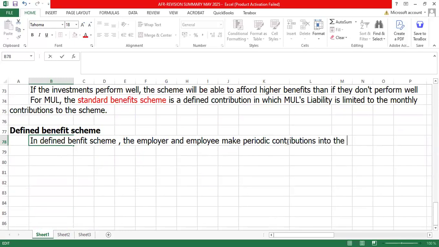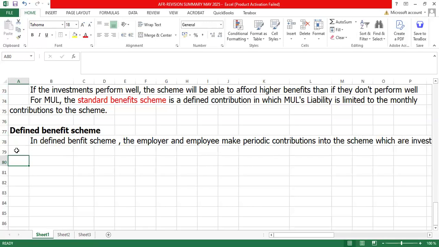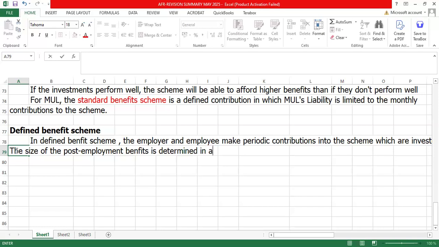So in defined benefit scheme, the employer and the employee make periodic contribution into the scheme, which are invested. Of course, here they must be invested. The size of the post-employment benefits is determined in advance.